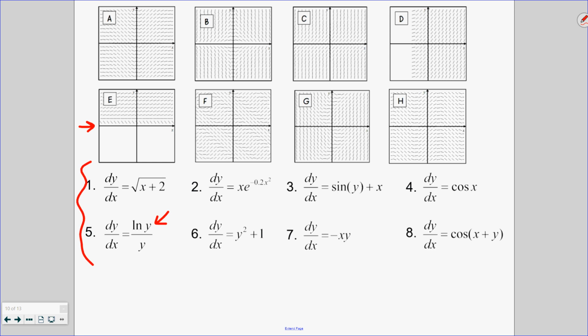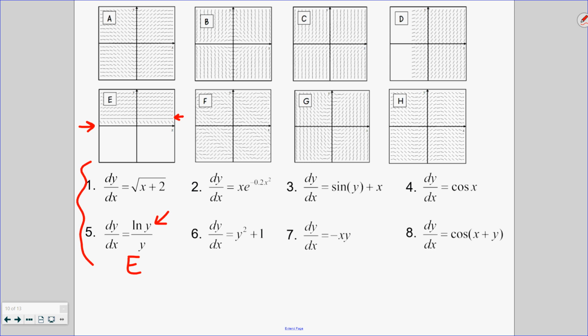And it sort of makes sense: when y is 1 right here, we're definitely going to get a slope of 0 because ln of 1 is 0. So that matches 5 with E. And we can do similar things in order to figure these out.